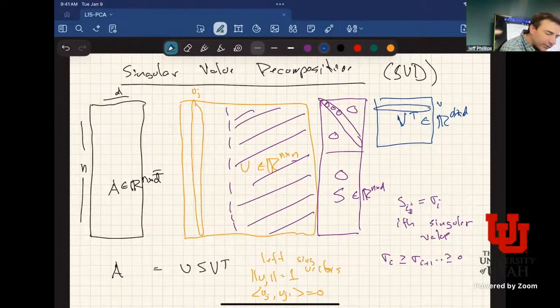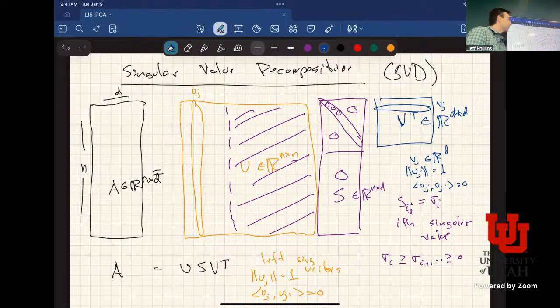What will be more useful are over here. We'll call these v_j. The v_j are in R^d. They're unit vectors, and the inner product of v_j and v_j' is equal to 0, so they're also orthogonal to each other. So these are going to be useful because they're in R^d.